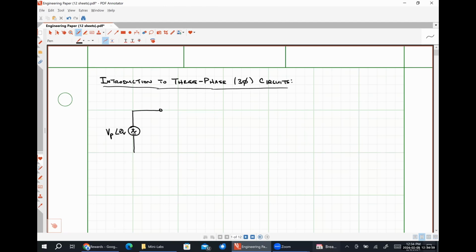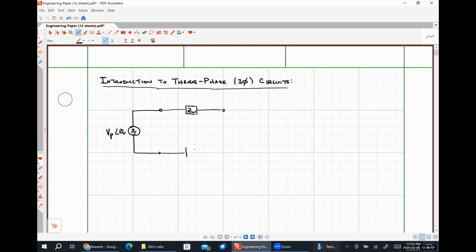I'm going to put a pair of terminals here. Then we are going to have some wires, right? So I'm going to put a wire across here. And this wire will have some impedance, which I'm going to call ZW.